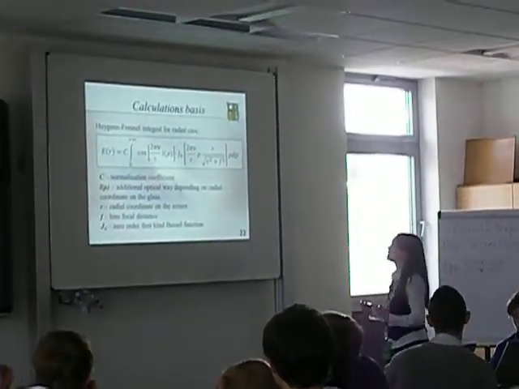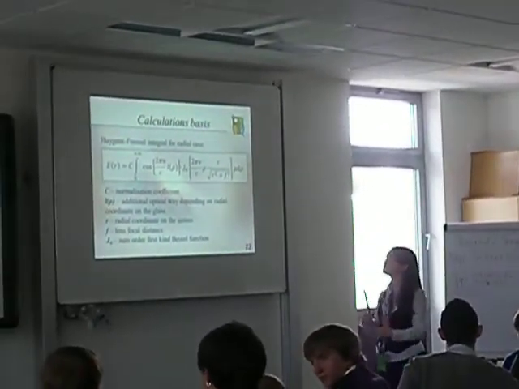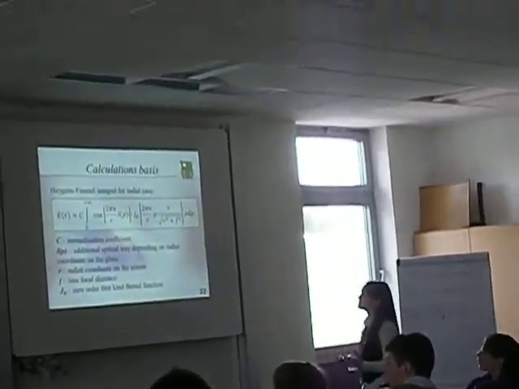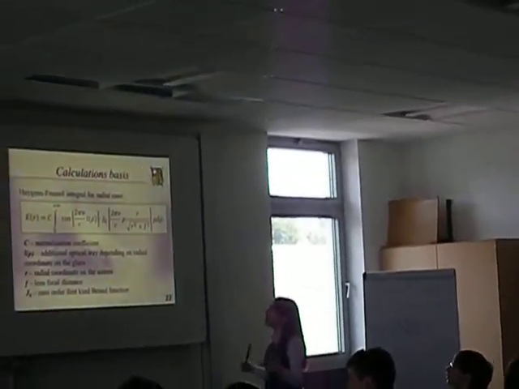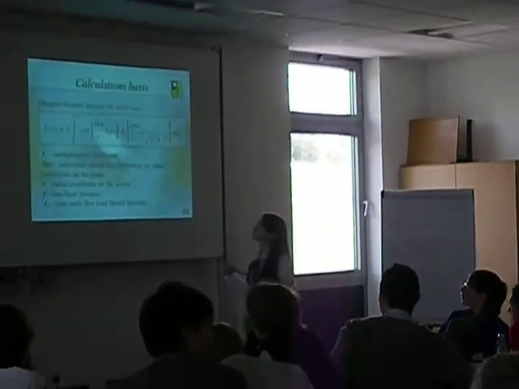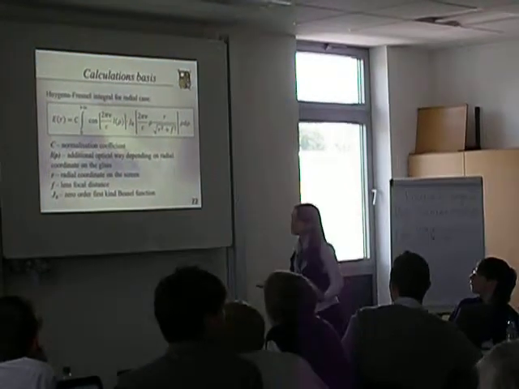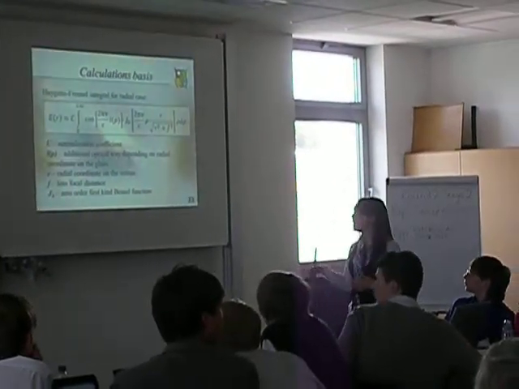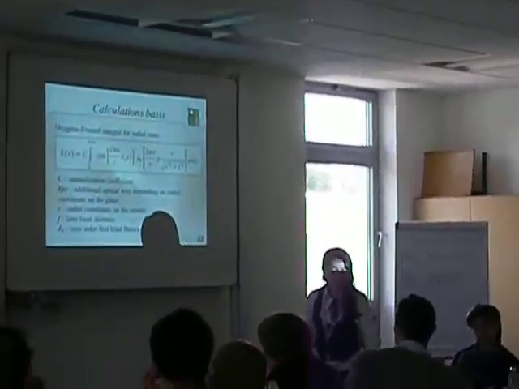First of all, because we have a diffraction, we can calculate it using the Huygens-Fresnel equation, which calculates our diffraction picture and takes into account the phase difference. That's why we can use it for small drops and for big drops.